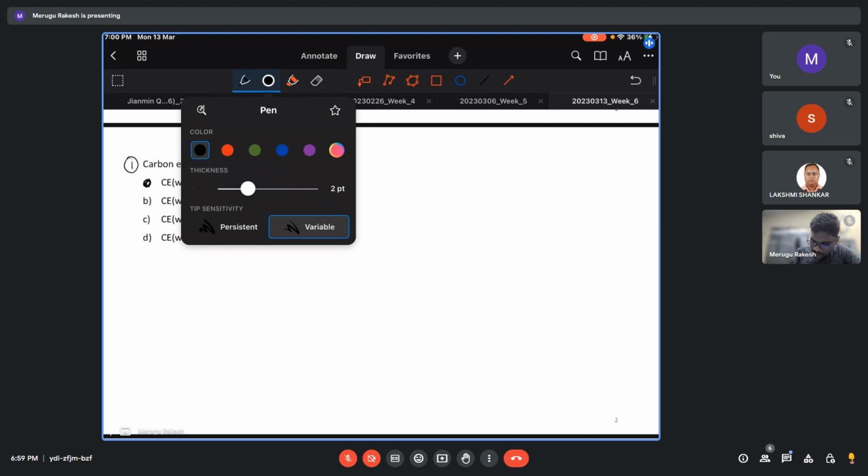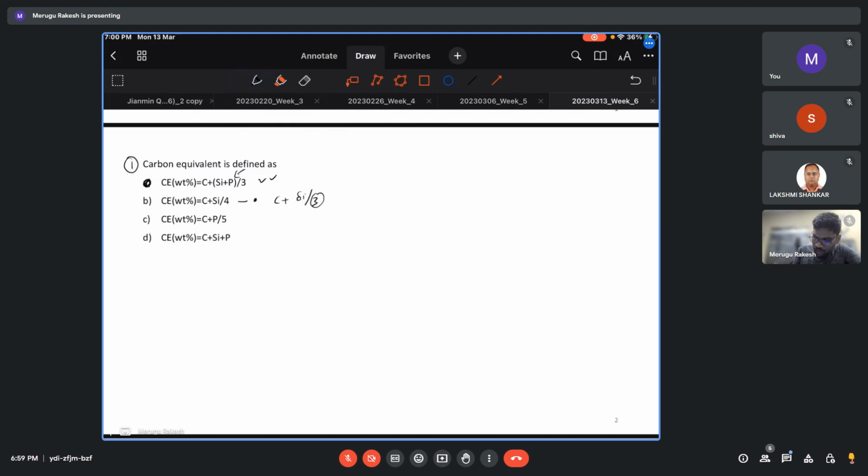So I will spend some time on this. This carbon equivalent is nothing but carbon plus, in general, silicon by 3: percentage of carbon plus percentage of silicon by 3. Suppose you are adding phosphorus also, then, okay, let me take a simple example of only silicon.